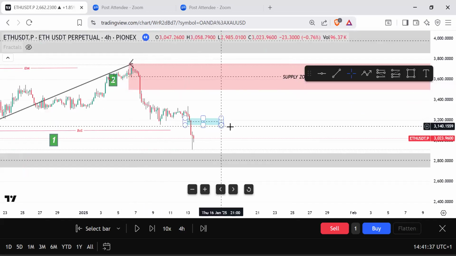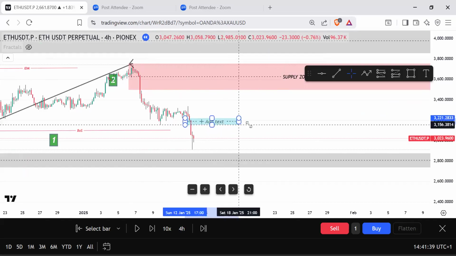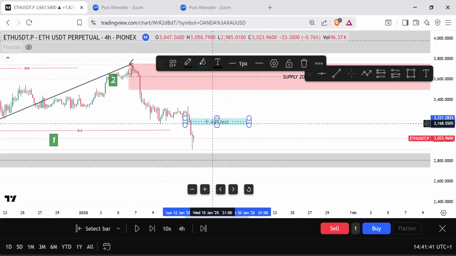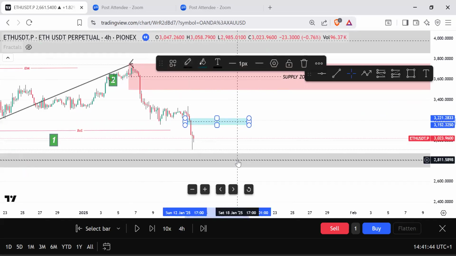Now, it's not like price will not react from here. Price can come back, touch this one, and continue the downtrend. But we want to increase our chance of success. The extreme one is more effective.